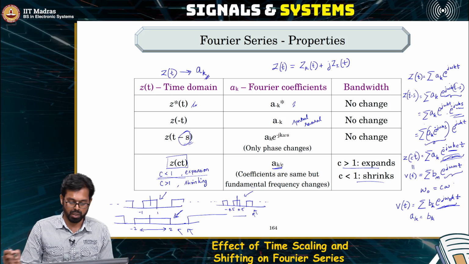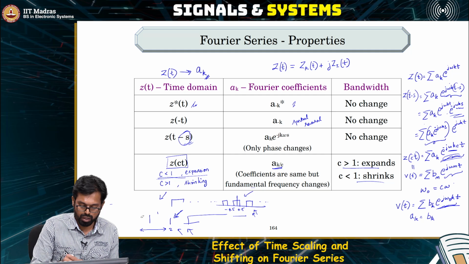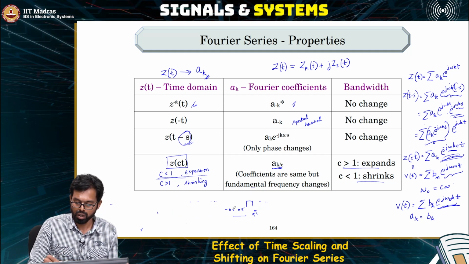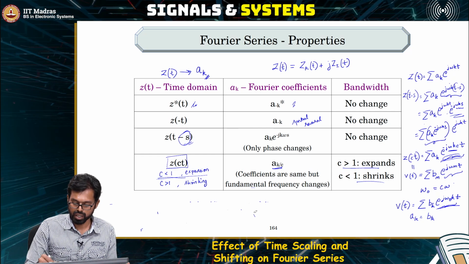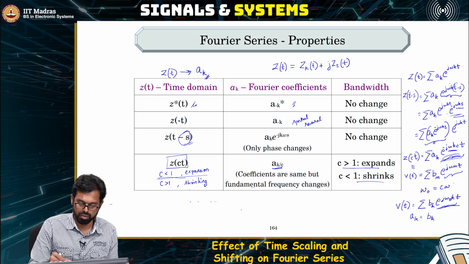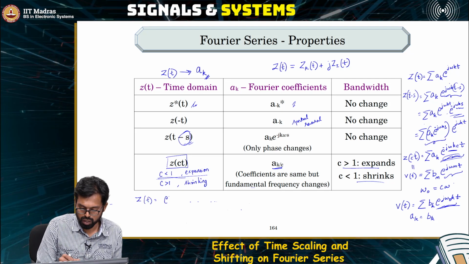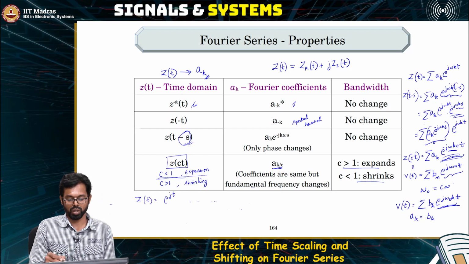With a very simple example, let us say that z(t) is a complex signal. What if we just want to consider z(t) as a phasor itself? So what if z(t) is just a phasor, e^(jt)?